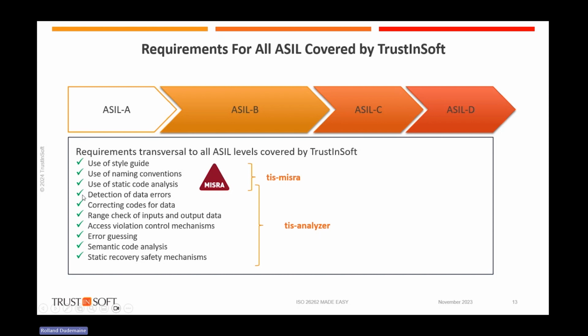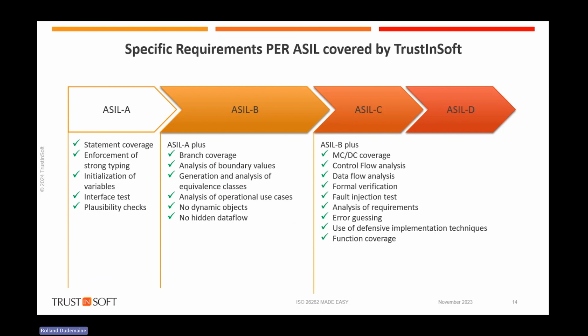Detection of data errors similarly will be detected. We have another part of our toolchain, which is this MISRA, and it is separate from the analyzer, but it is included in our toolchain to help you also comply with MISRA and do some more strictly compliance-oriented activities. And these previous ones apply to all ASIL levels, so actually QM up to ASIL D.